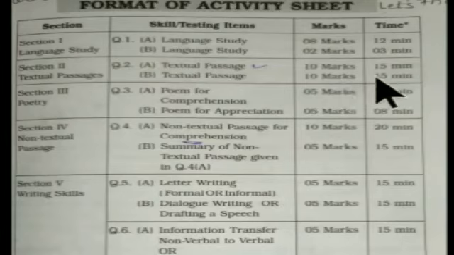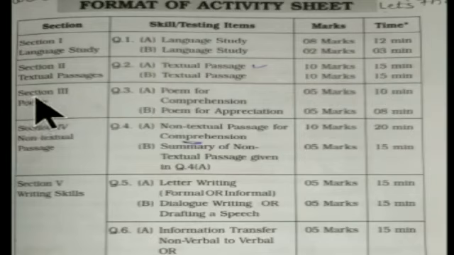You have to attempt this question within 15 minutes. In this way, section number second, textual passages, is for 20 marks and you have to attempt this whole question in 30 minutes.